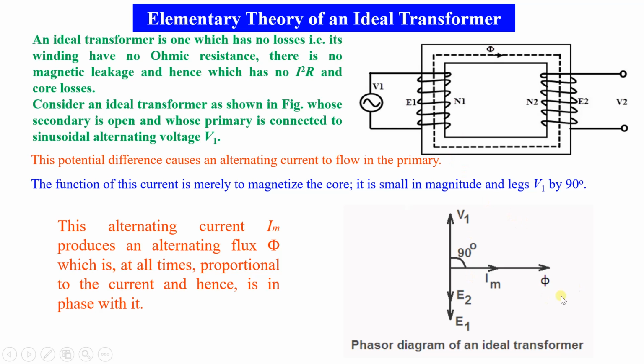As shown in this figure, this is the phasor diagram of an ideal transformer. Here IM is in phase with phi, and IM lags behind V1 by 90 degrees. This is the induced voltage E2, and E1 is opposite to V1. So this is the phasor diagram.